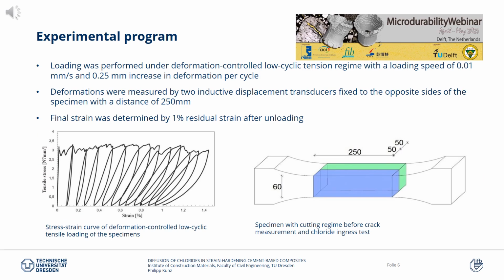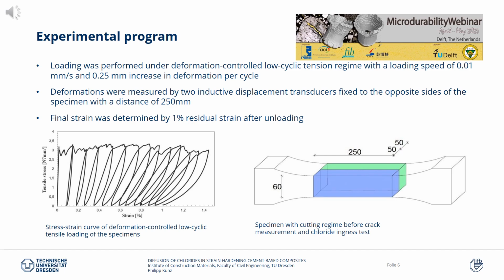The uniaxial tension loading was then conducted at the age of 28 to 30 days. The loading was performed under a deformation controlled low cycle tension regime with a loading speed of 0.01 mm per second and 0.25 mm increase in deformation per cycle, which corresponds to a strain increase of approximately 0.1% per cycle, as shown on the left hand side and the bottom of this slide.